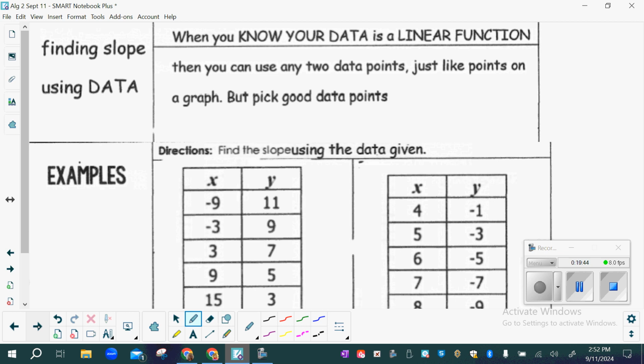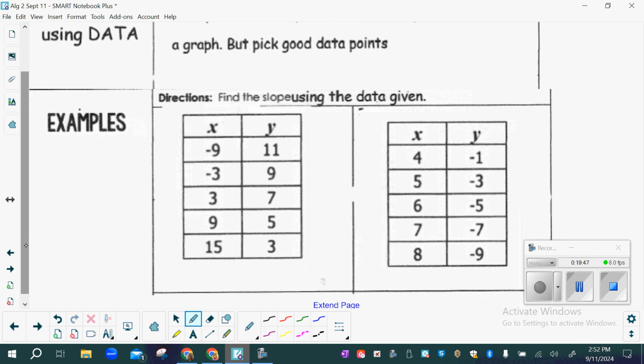So this first example here, what might two good points be to choose?